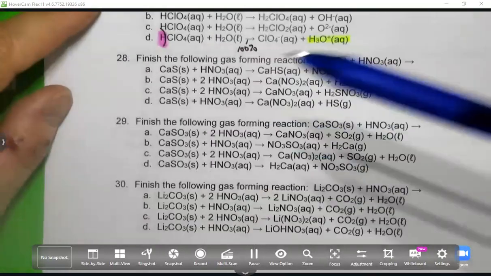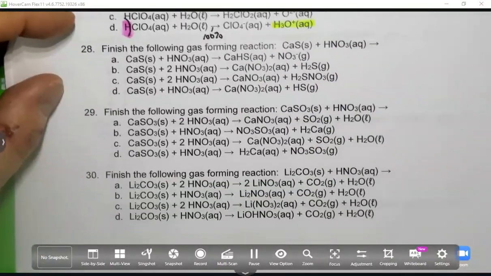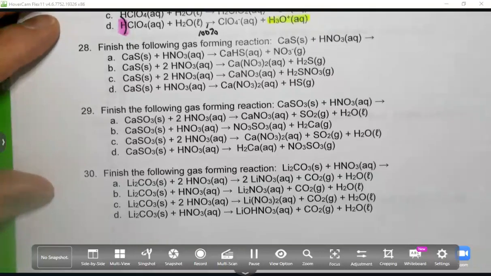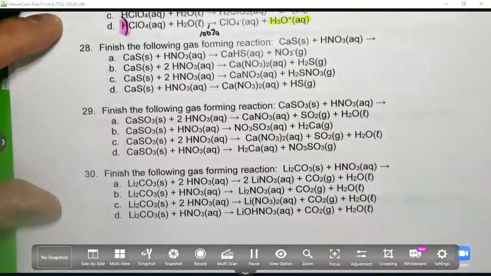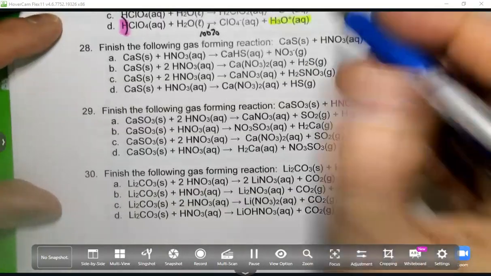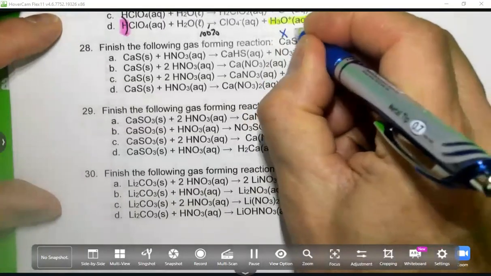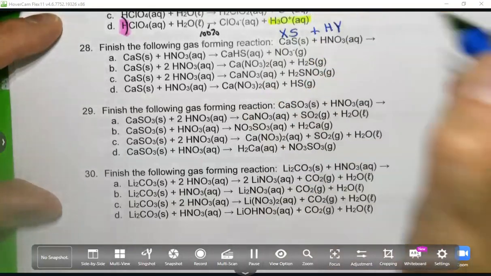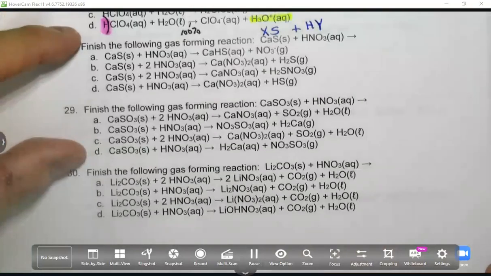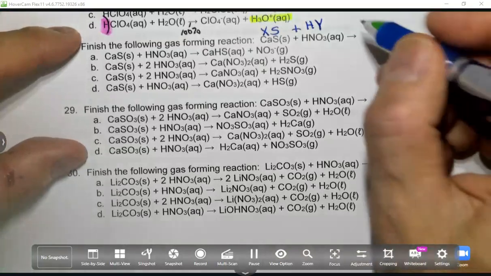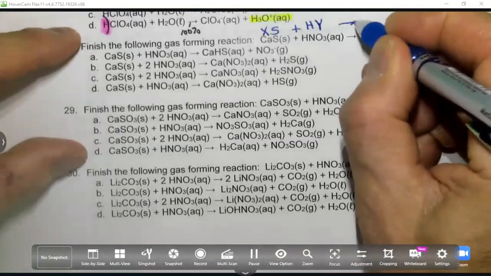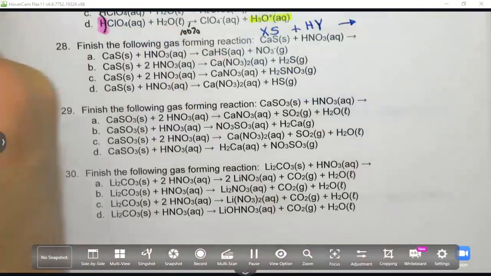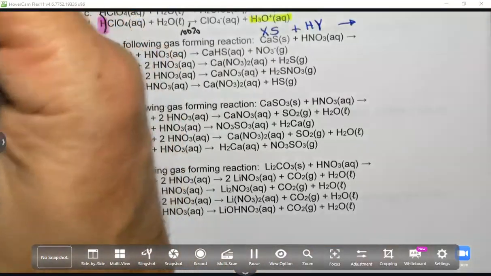Okay, it says finish the gas forming reaction. So let's follow this generic reaction. It's an XS plus an HY. And the first thing we should do is write out what we get. And that's what we just did here on page 16.